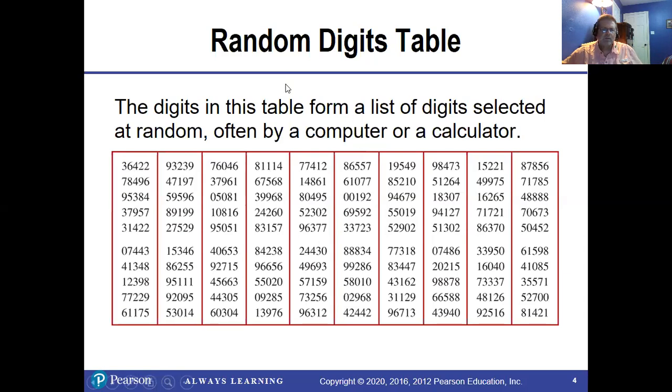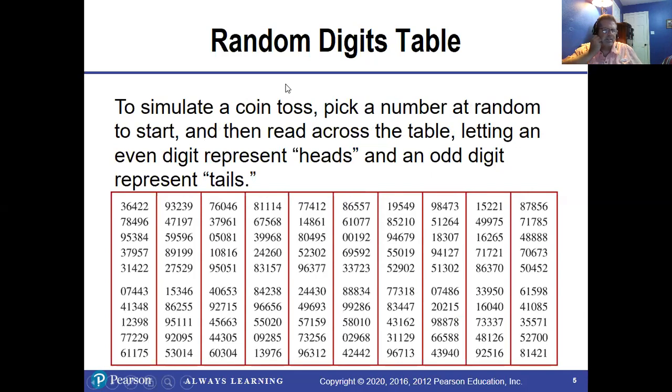The way they use it in this one, it says simulate a coin toss: pick a number at random to start, and then read across the table, letting an even digit represent heads and an odd digit represent tails. So you can just pick any number, like this one here, 39968.